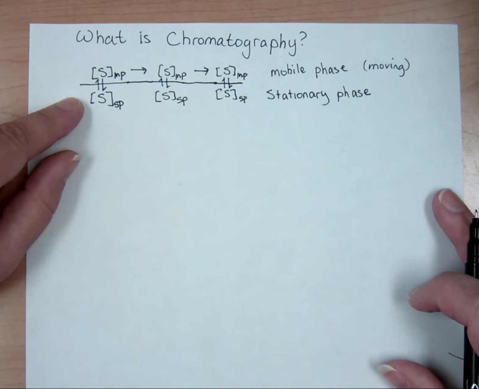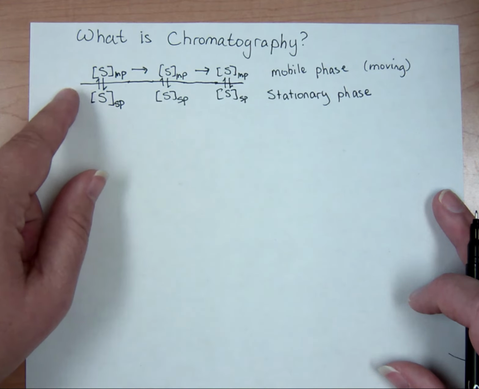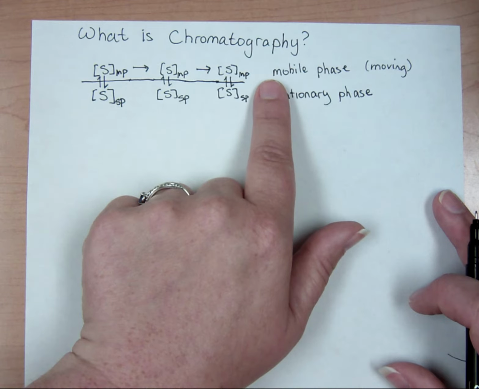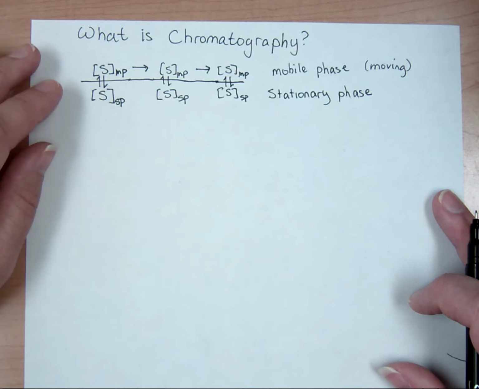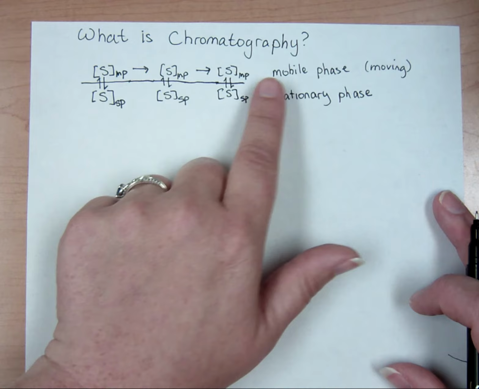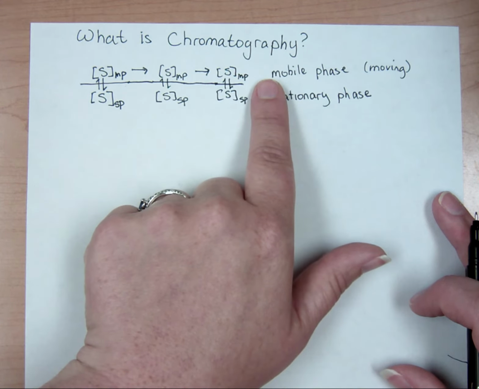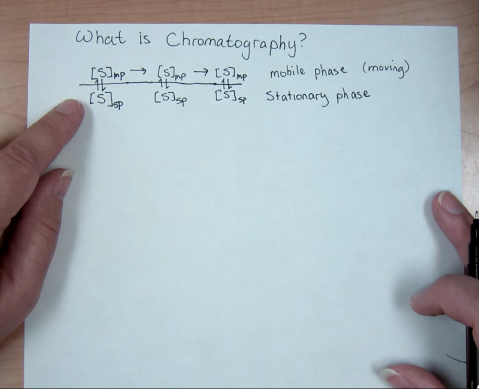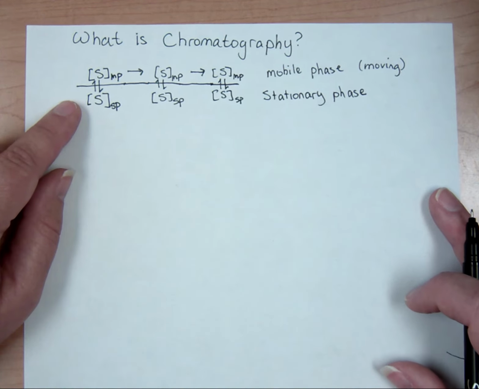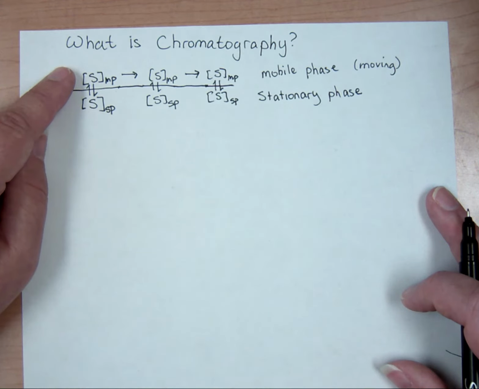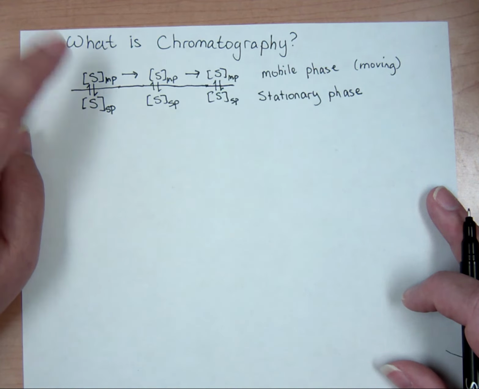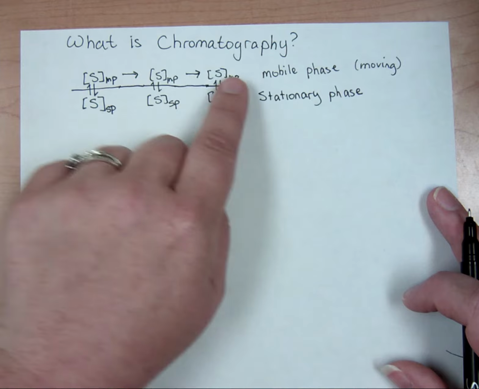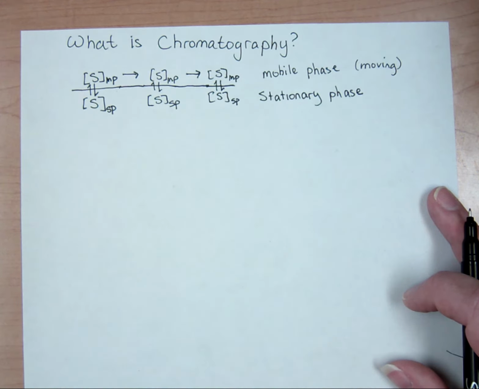And so it is going to take more time to get from one end of the column to the other end, where we've moved from one end of the phase interactions to the other end, because it spends a lot longer time in the phase that's not moving. But an analyte that prefers the mobile phase is going to spend a lot of time in the phase that's moving. And so at each of these extractions, it's more likely to end up in the mobile phase and keep moving its way down the column very quickly.